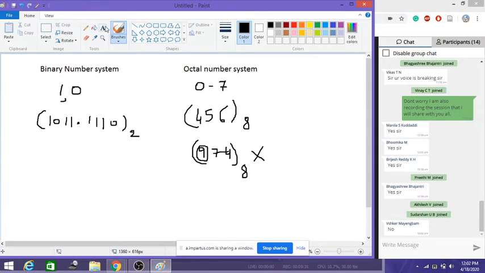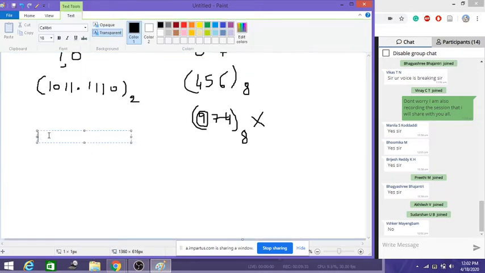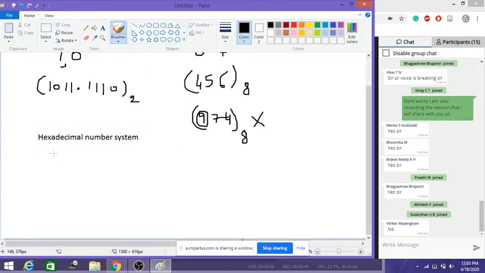Okay, so now let us look into the hexadecimal number system. The hexadecimal number system ranges from 0 to 9 and A to F. After 9 it goes A, B, C, D, E, F. So that is the representation.